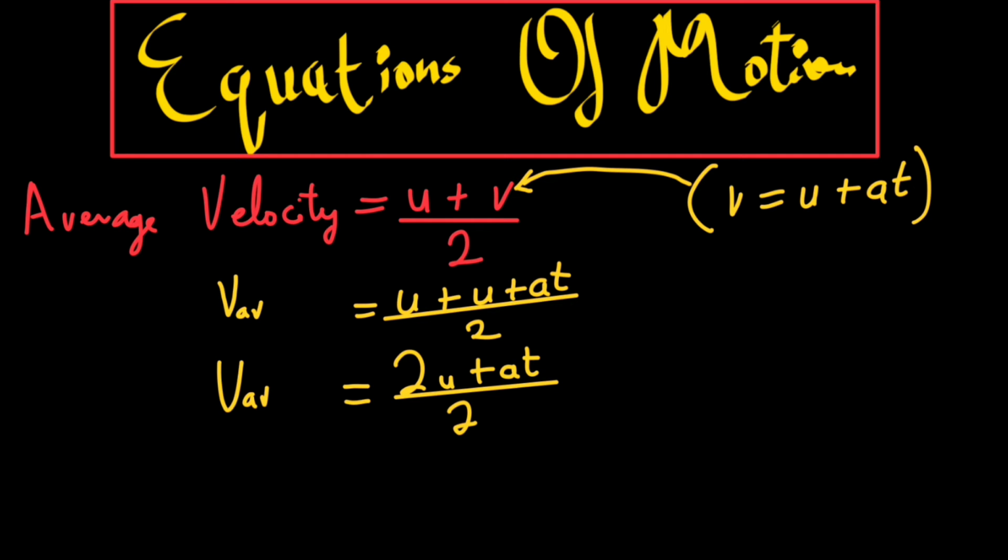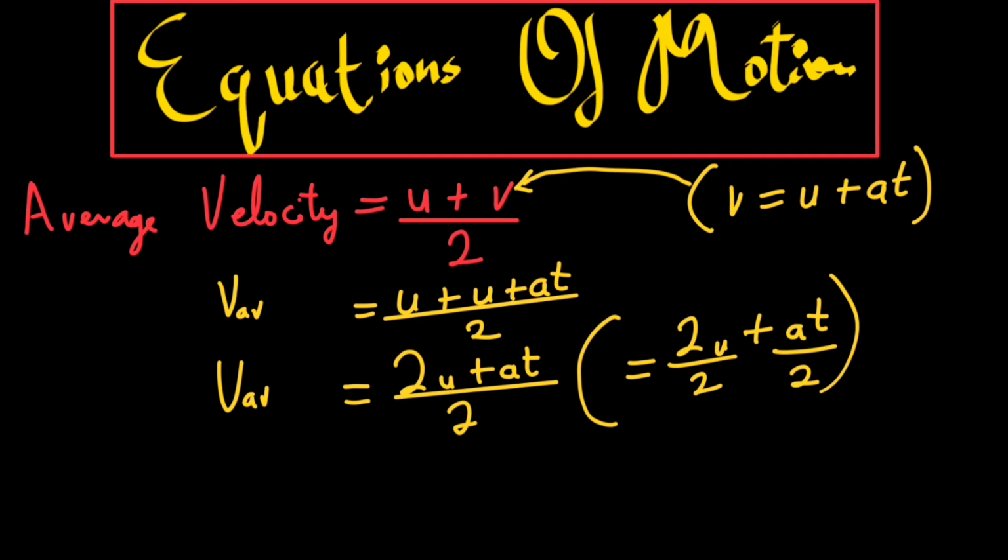Now here you have a fraction, and how about we separate it? This becomes 2u divided by 2, plus at divided by 2. It's the same thing.